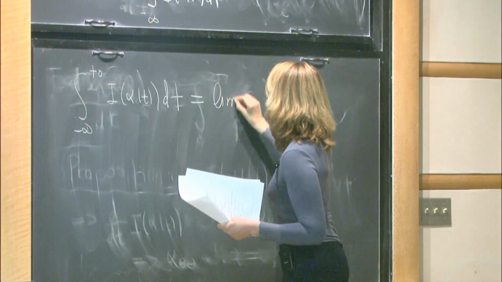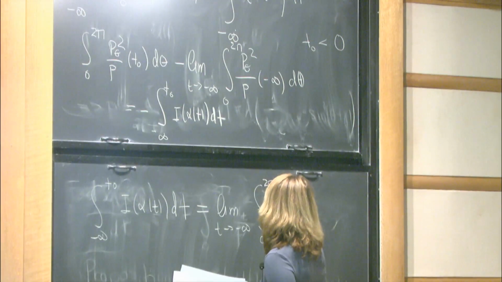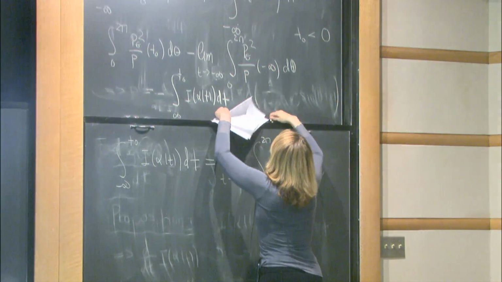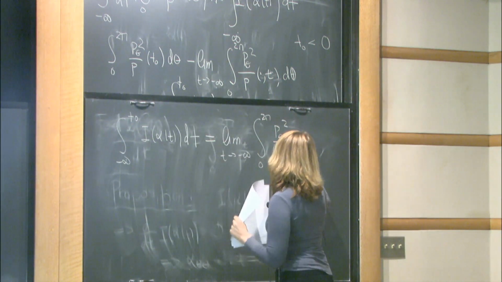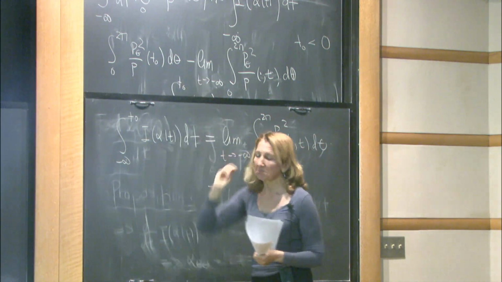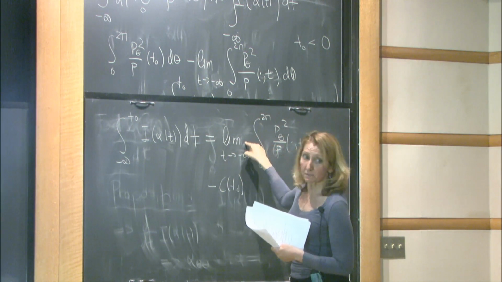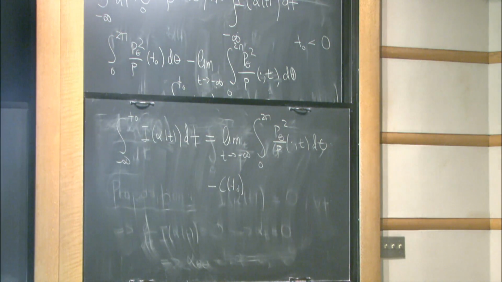So it is equal to the limit as t approaches minus infinity of the integral from 0 to 2 pi of p theta squared over p d theta, where I put a t because I took the limit outside, minus a constant. I don't care what it is. The important part is that this is bounded, and that follows from using Hamilton's estimate. This follows from the fact that this is bigger than or equal to 0 and some integration, but I don't want to get into it.